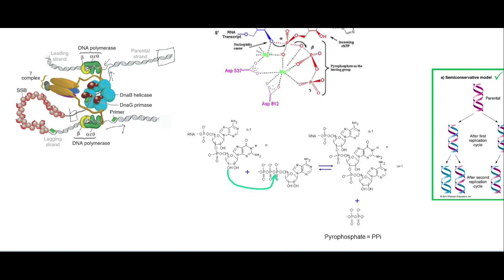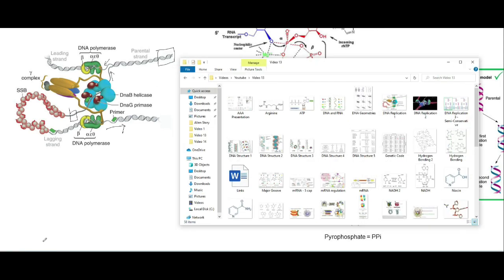Actually, there's a link to a video of it in the description, but I have this here, which is a GIF of the video. And so you see what's going on here. Our leading strand is just continuously being replicated, whereas on this side we have our lagging strand.